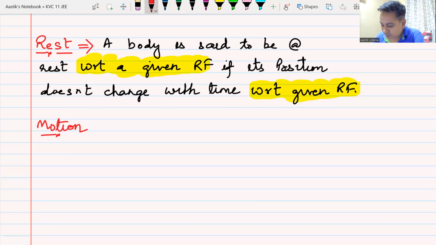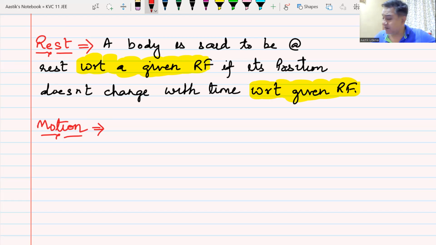Now tell me the definition of motion. A body is said to be in motion with respect to a given reference frame if its position changes with respect to time, sir.